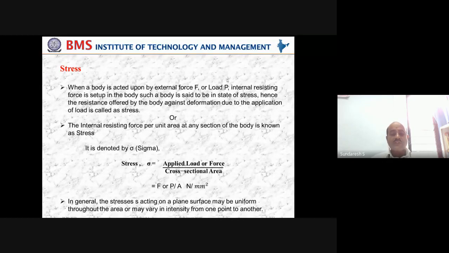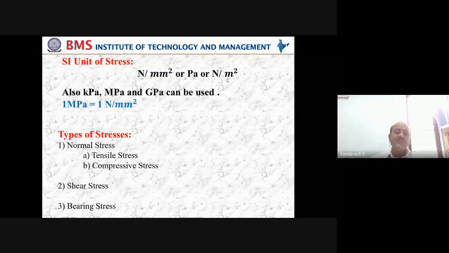We denote the stress by the letter sigma, and the SI unit of stress is Newton per millimeter square or Newton per meter square. Anything we can use. As we go for higher orders of stresses, the unit may be in the form of kilopascals, megapascals or gigapascals. Anything can be used. And I think I stopped at 1 megapascal is equal to 1 Newton per millimeter square. Am I right? So this is what we covered in the last class.